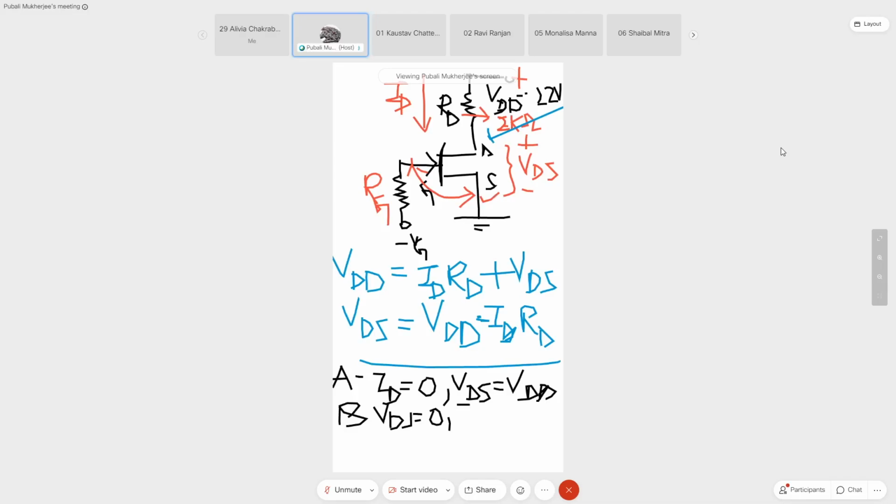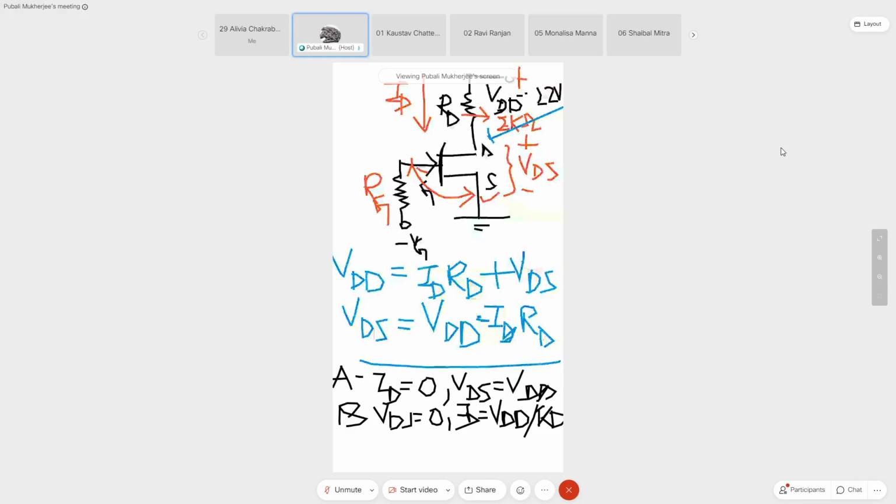ID is VDD by RD, right? ID is VDD by RD. So you get the two coordinates on the drain characteristics, point A and point B. And with these two points, we can draw the load line.